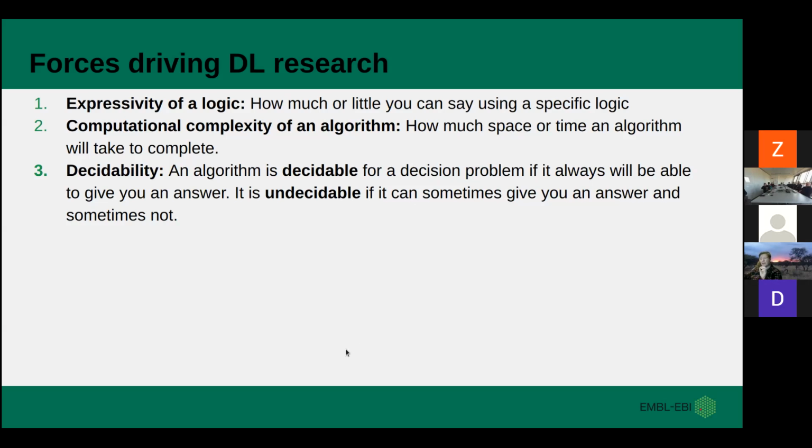If the algorithm can answer this effectively and consistently, then that algorithm is said to be decidable for that decision problem. It's said to be undecidable if it sometimes can give you an answer, but sometimes it can't. The problem then becomes that you don't know when it can give you an answer and when it can't. So decidability is of importance as well.